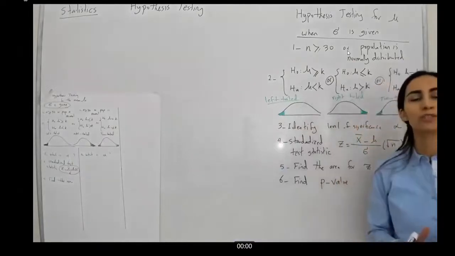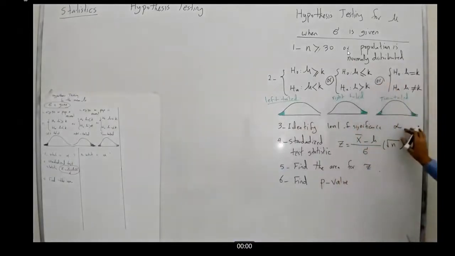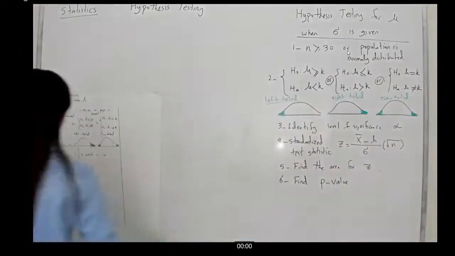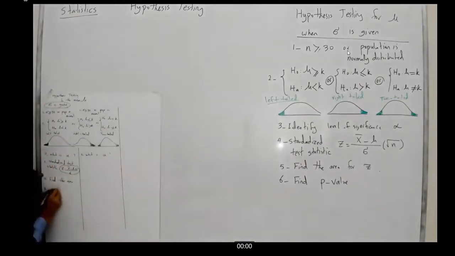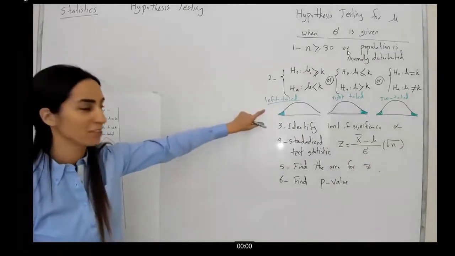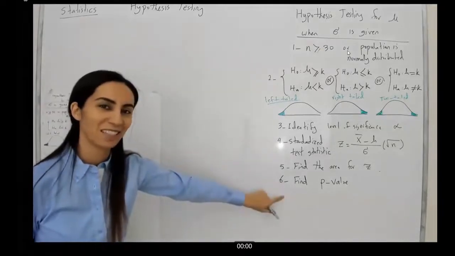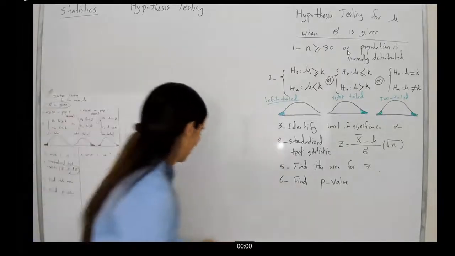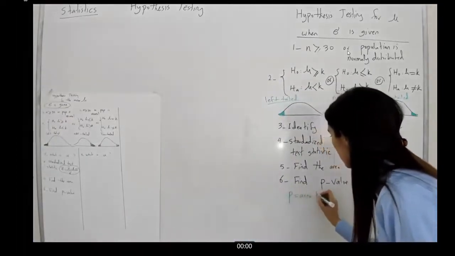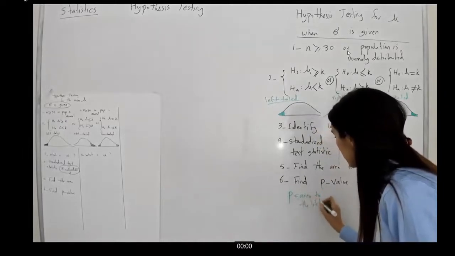So your goal is to compare p-value and your level of significance, alpha. So we need to find p-value. How do we find p-value? If you have a left-tailed graph, p-value is that area, the area to the left.